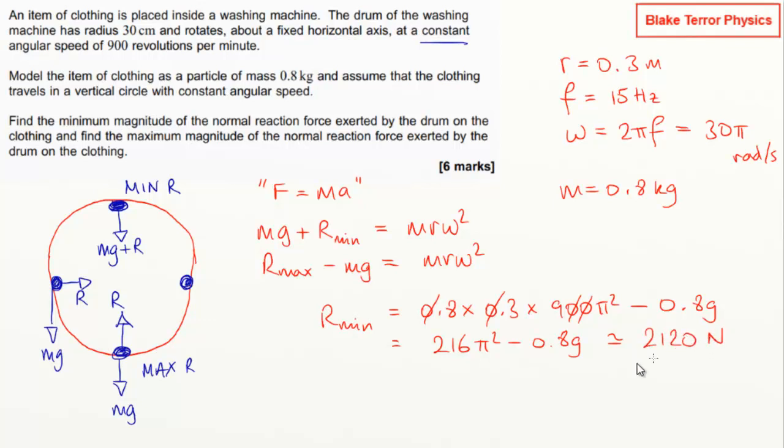2120 newtons. And then our max is just going to be, well, we've still got exactly the same 216 pi squared because that's our MR omega squared, but this time we're adding on 0.8 g, which isn't going to be much different because 0.8 g is not a lot.